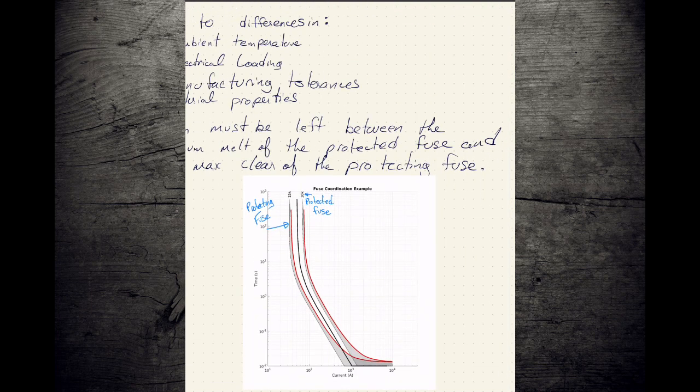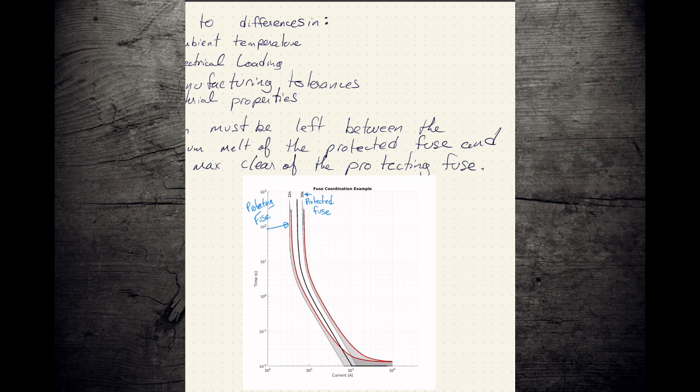And you can see that no matter where we operate this fuse, or most of the spots that we operate these fuses, the protecting fuse is going to be the one that operates before we get to the minimum melt of our protected device. So we can say that the protecting fuse is going to protect the upstream device, which is good. We can also say that the protected fuse does not reach past the protecting device.